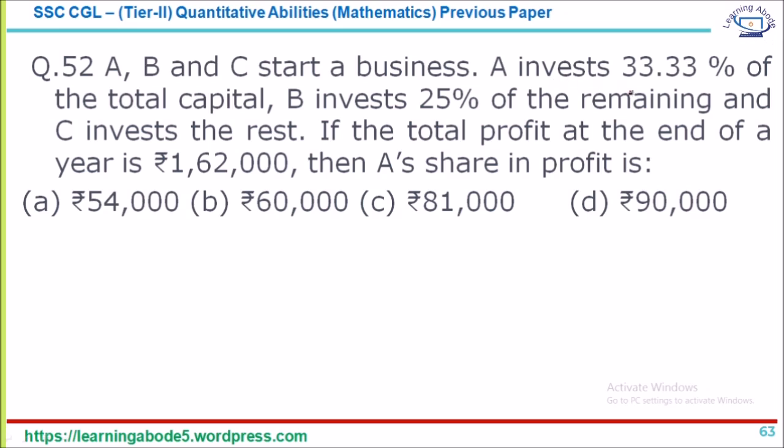As far as duration it is the same, so A invests 1/3. So if 162 is the profit, now 1/3 of it will be A's share, that's 54,000. So very direct question. When you are solving so many questions which are very lengthy, tedious, or use a lot of formulas, you should not miss such questions which are simple and straightforward. So that's question number 52. Answer is option A.